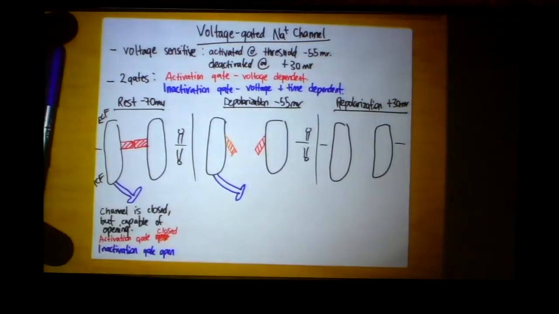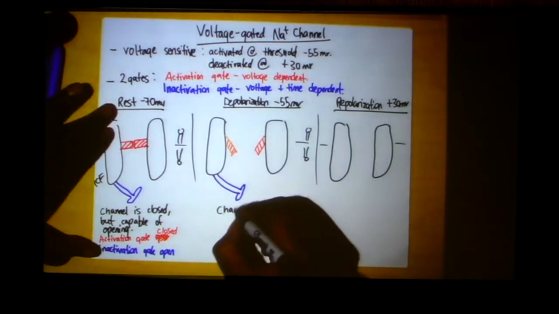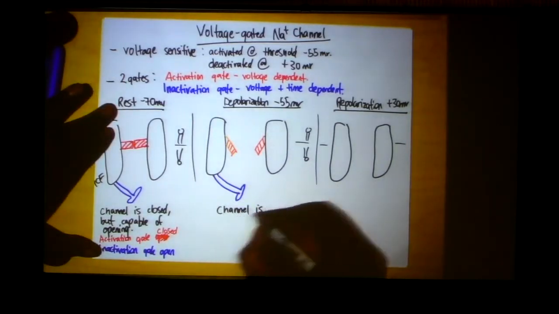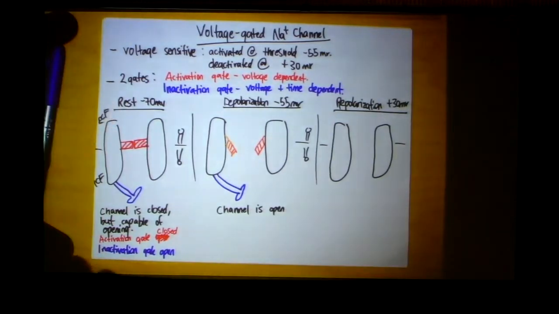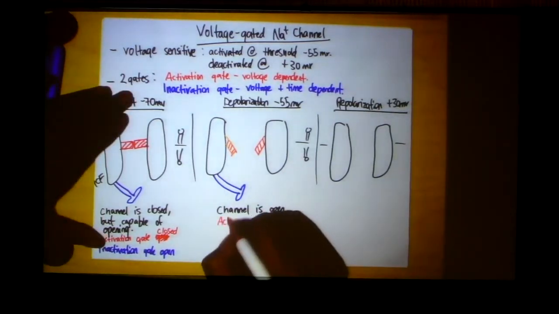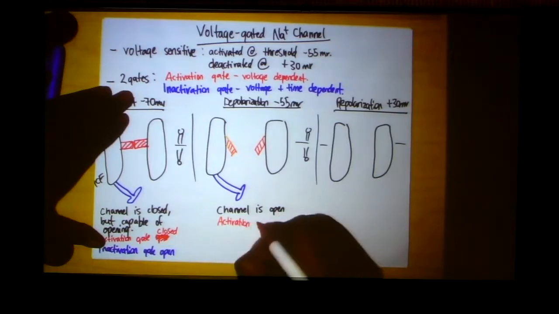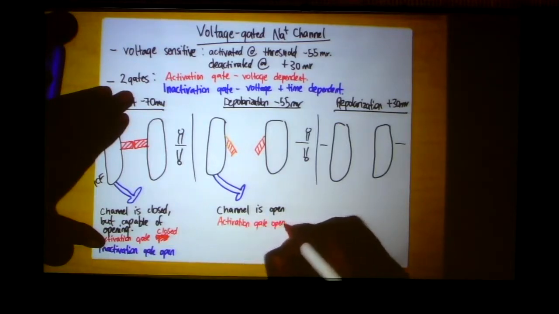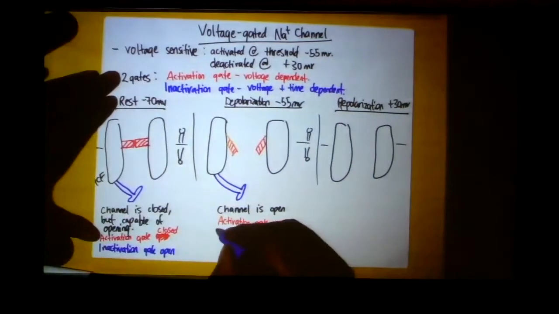Right, so both gates are open, the channel is open, right? So the channel is open here, and that's because the activation gate is open, and the inactivation gate is also open.